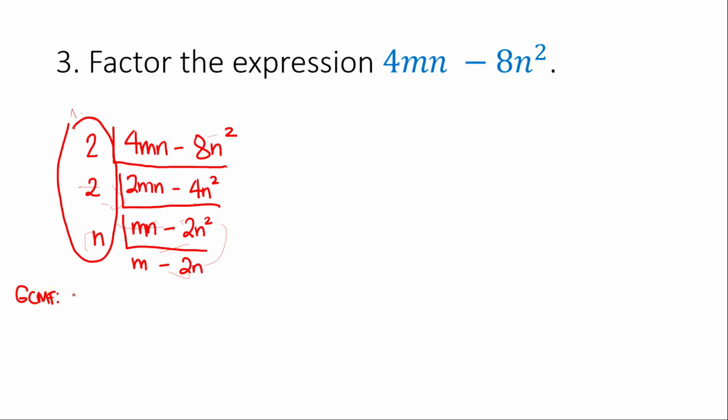So, that is 2 times n. We have 4n. 4n, and then, ito yung ating natirang binomial. So, we can say that 4mn minus 8n squared is the same as 4n times the binomial m minus 2n.